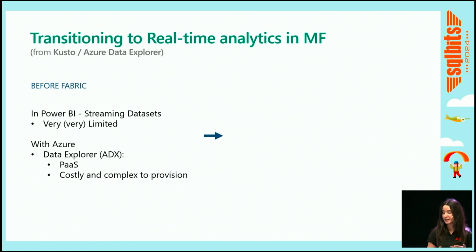For more complex scenarios, you could use ADX, which stands for Azure Data Explorer, which is a PaaS solution that allows you to build analytics on top of time series data, and it has a very powerful engine, the Kusto engine. Being in Azure, you had to configure and provision all the resources in the service. Also regarding costs, you had your Power BI costs and then the Azure costs separately.